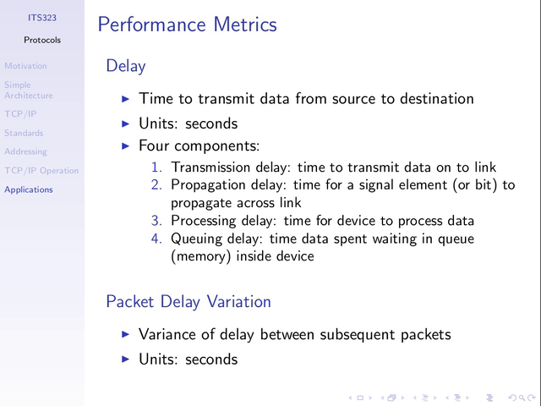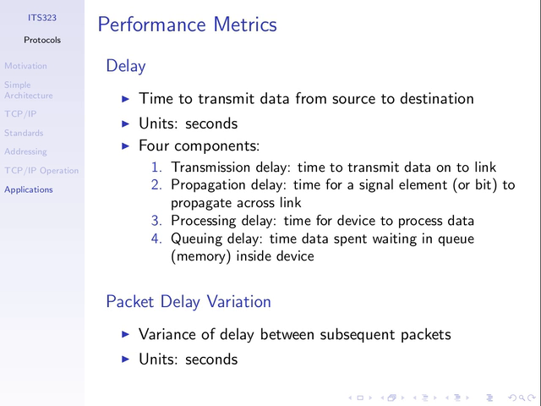The speed at which it propagates, we say, is the speed of light, 3 × 10⁸ metres per second. So in space, our signal can get very close to the speed of light. It just propagates up there, and that gives us 36,000 kilometres divided by 3 × 10⁸, which is 120 milliseconds.